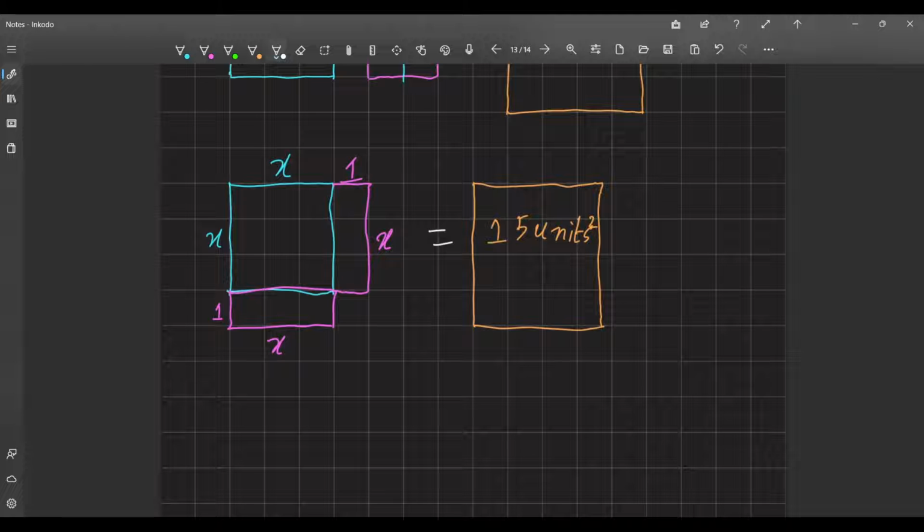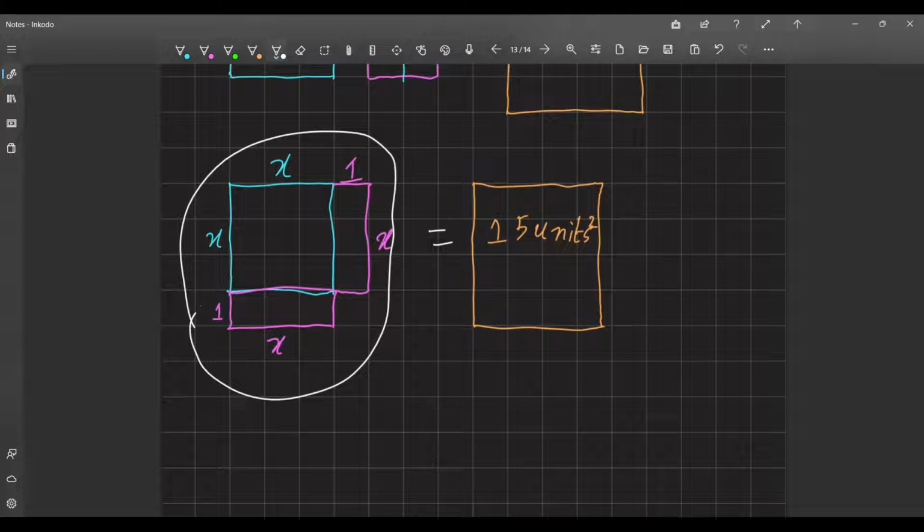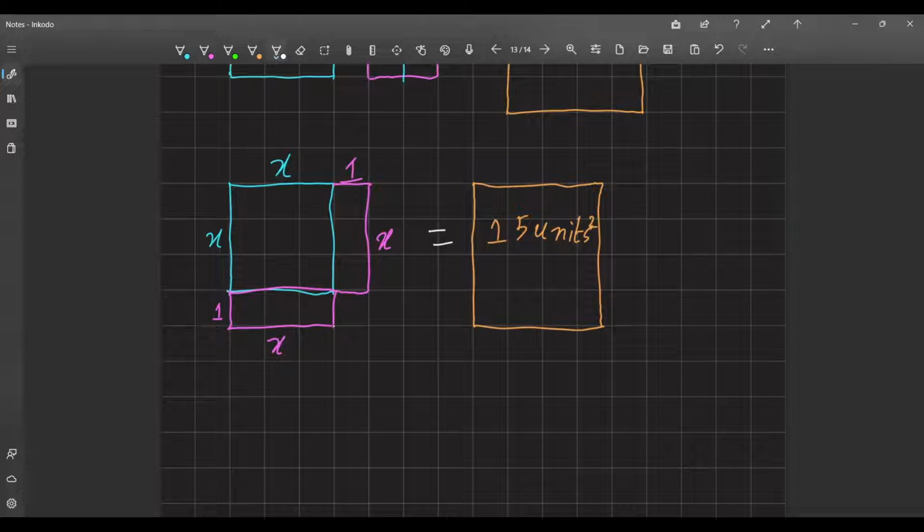Now, since the method was completing the square, can you see that on the left hand side we have a compound shape that can be completed into a square if I add a square of side 1 and 1 here. Okay, so I'll do that, and if I'm adding a square of side 1 and 1 to the left hand side, the area of this would be 1 unit square, since it has the sides 1 and 1, and 1 multiplied by 1 is equal to 1.